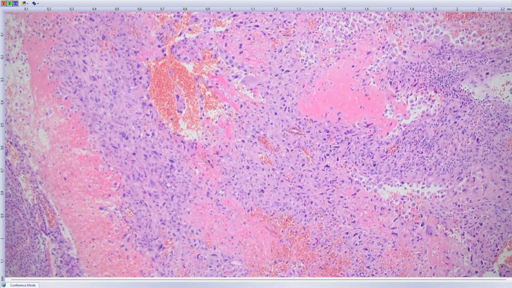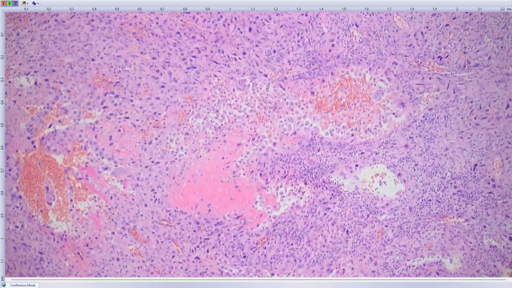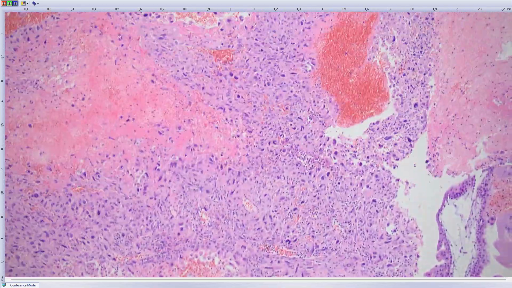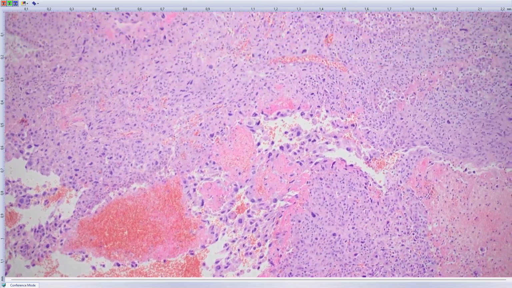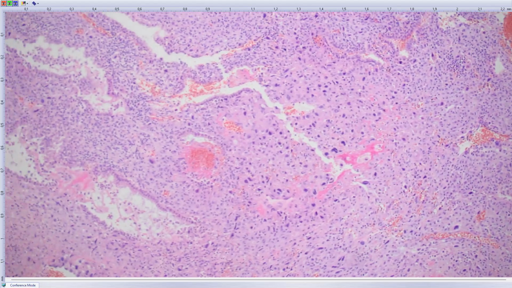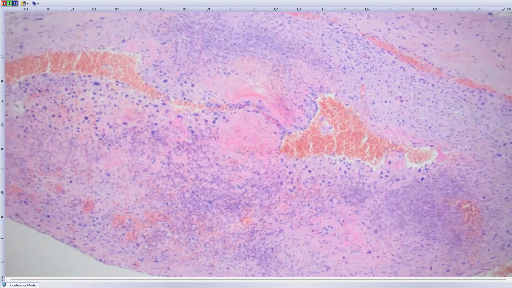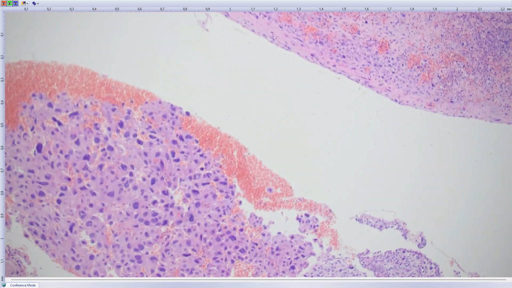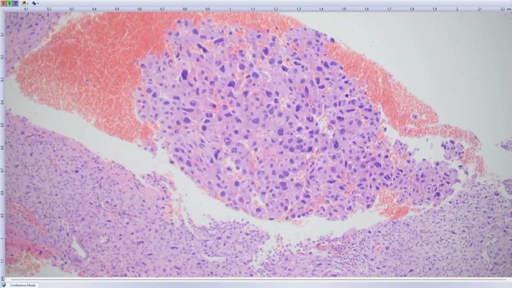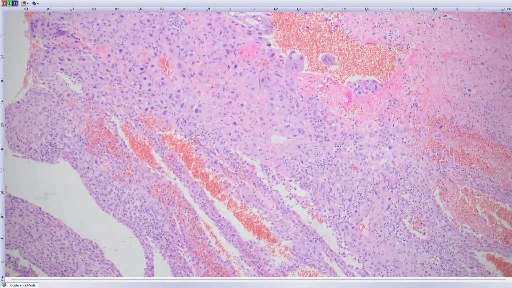So these are mainly intermediate trophoblasts. And for choriocarcinoma, you'll have to see mononuclear cytotrophoblasts, which are required for diagnosis of choriocarcinoma, and also multinucleated trophoblastic cells. This is quite a typical area of, I still think, intermediate trophoblast.